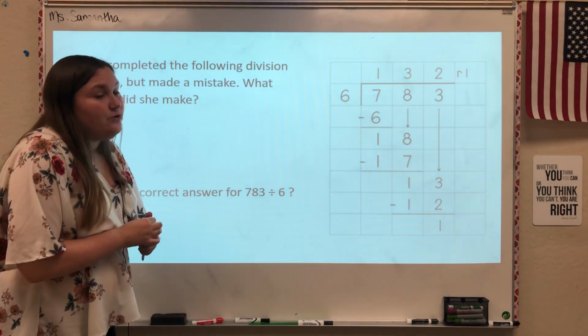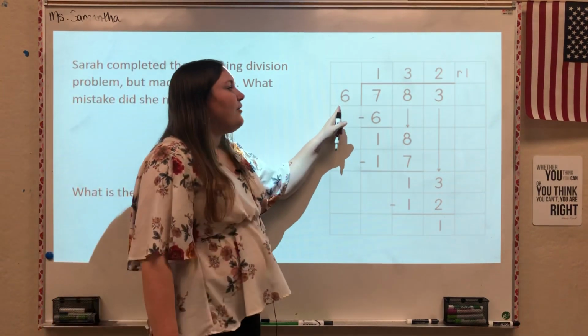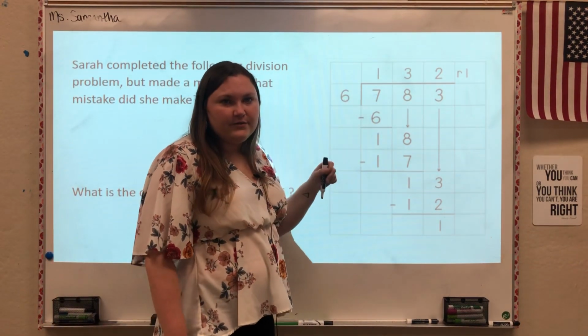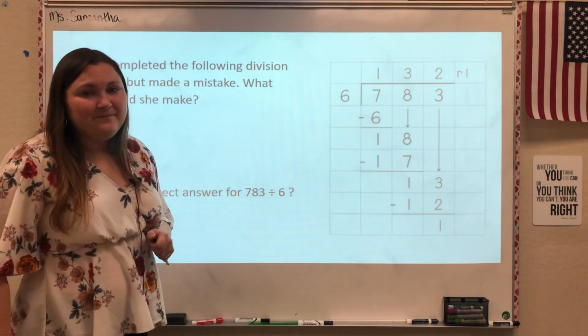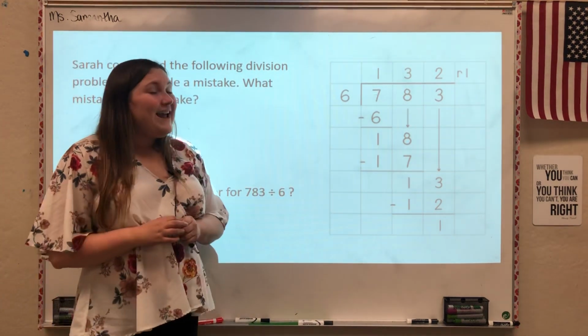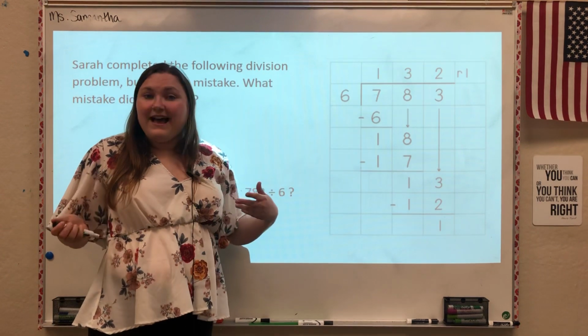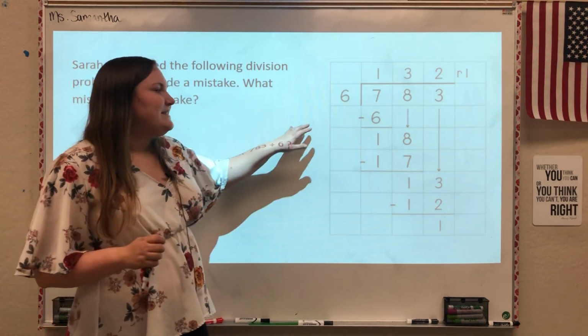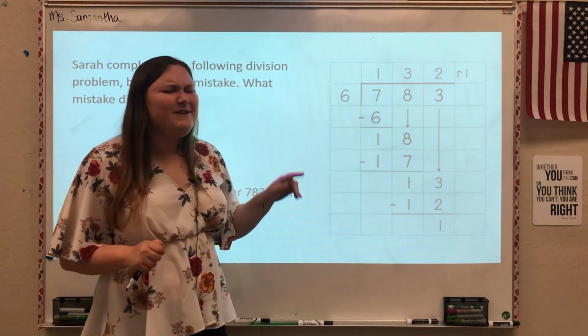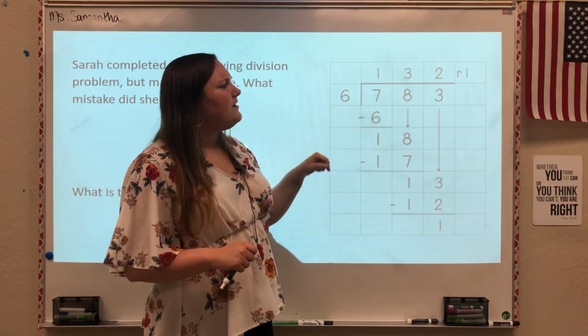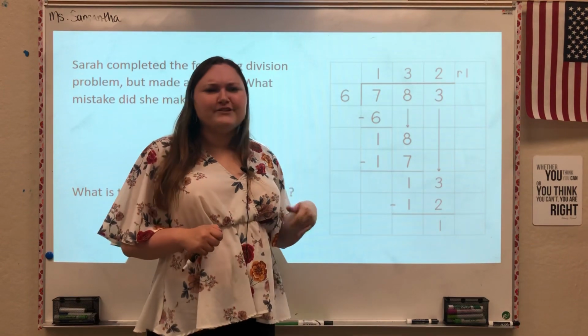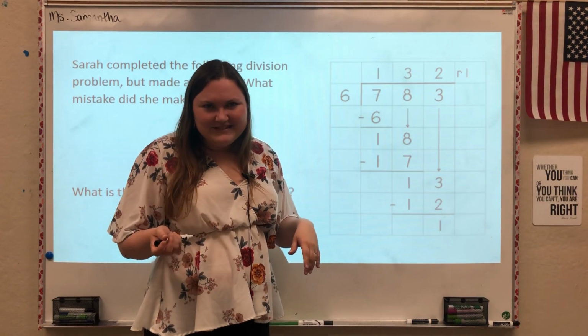Now, one thing you can do is you can go through the problem looking at their work, doing it step by step, and try to find the mistake that way. However, what I have found with students in class is sometimes the mistake they make could be very convincing if you're trying to do that way. Like, oh yeah, 1, 3, 2, looks good, looks good. And it makes it really hard to find the mistake.